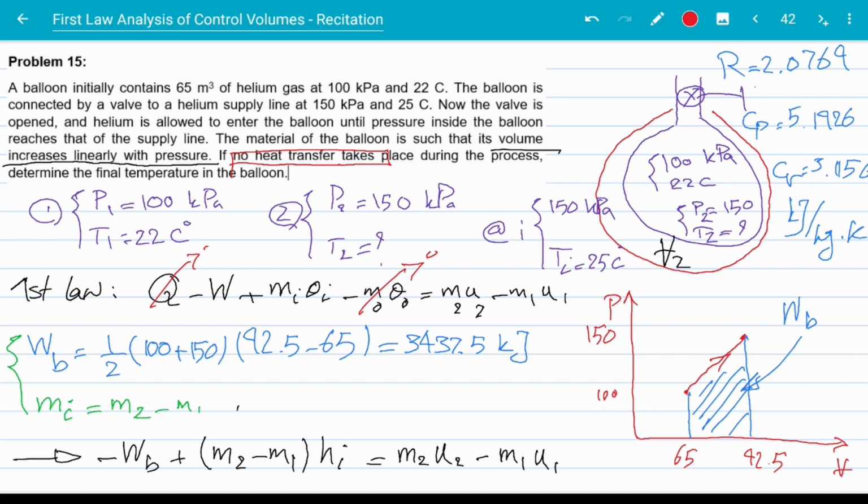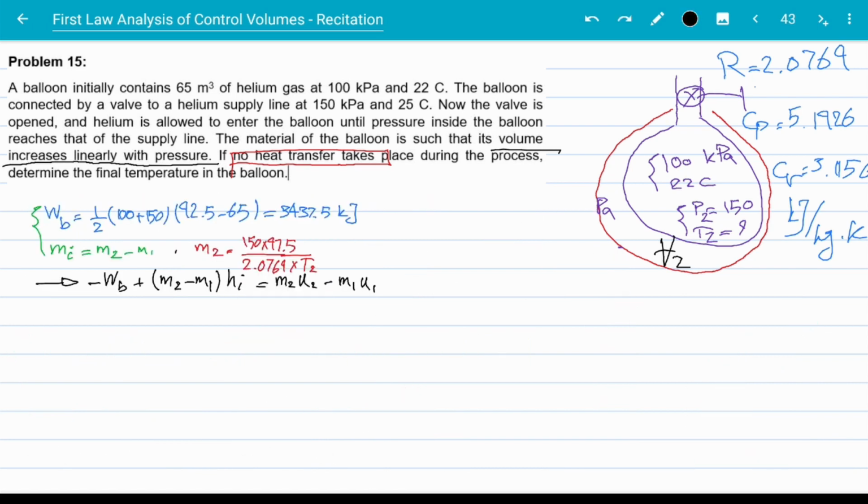Now also, I know that m2 had a relation with T2. It's 150 times 97.5 over 2.0769 times T2.